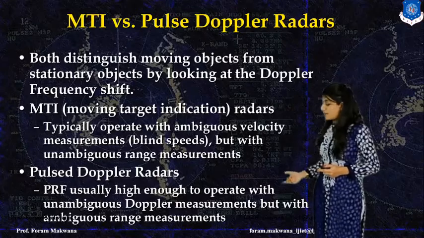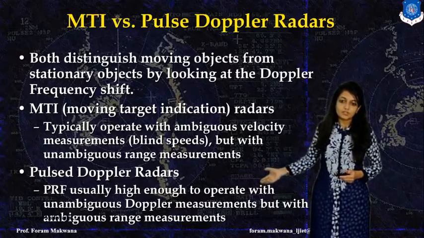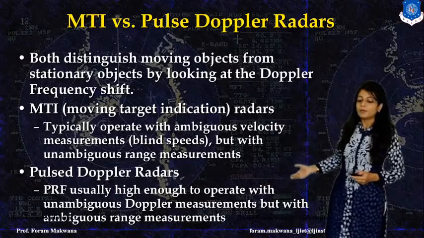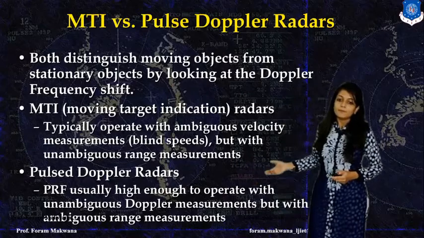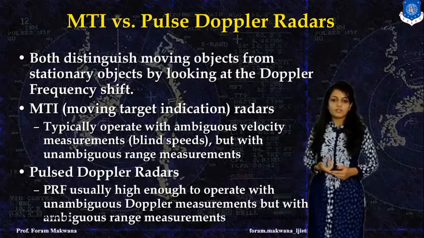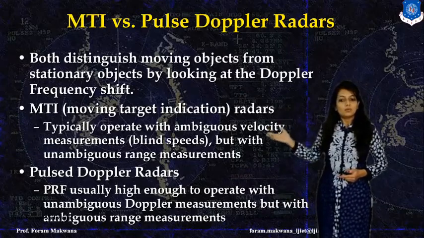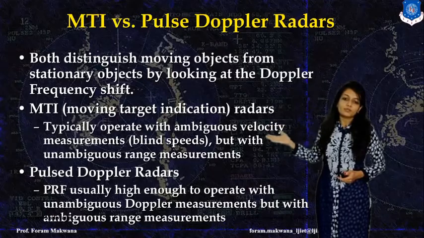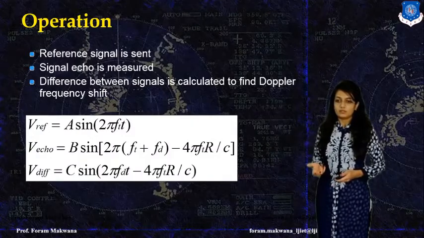And the Pulse Doppler radar uses a pulse repetition frequency, which is usually high enough to operate with the unambiguous Doppler measurement. So this will provide the velocity information as well as the range information, rather than MTI, which only provides the velocity information of the target.